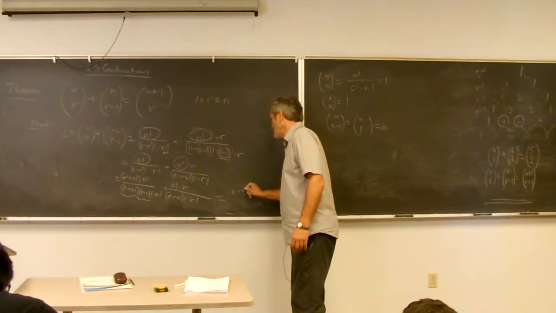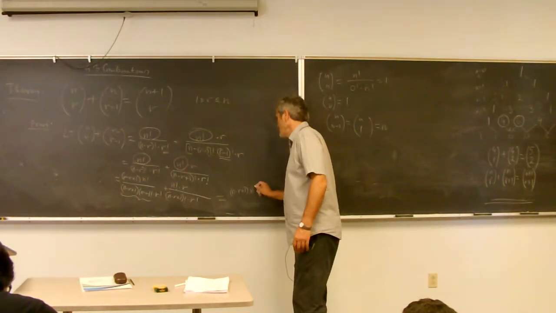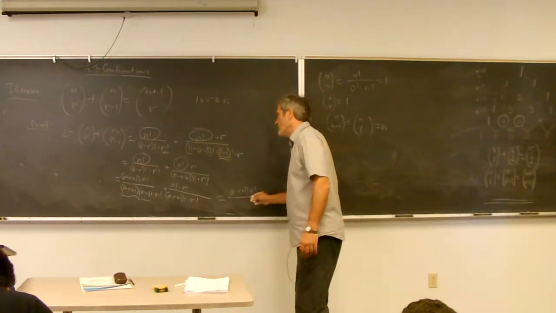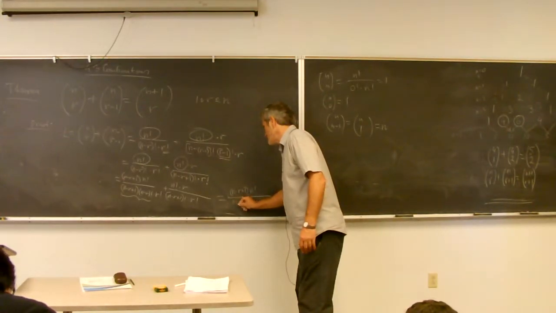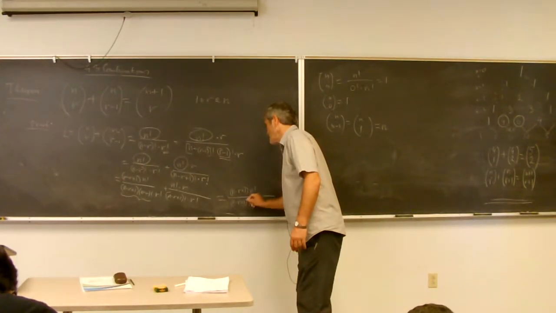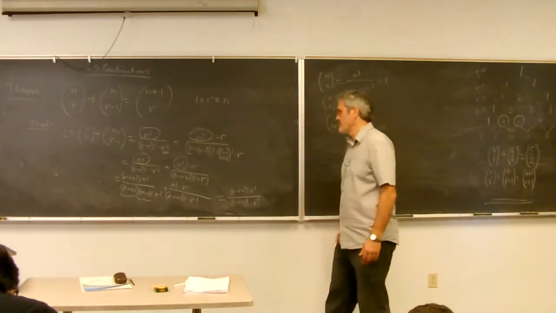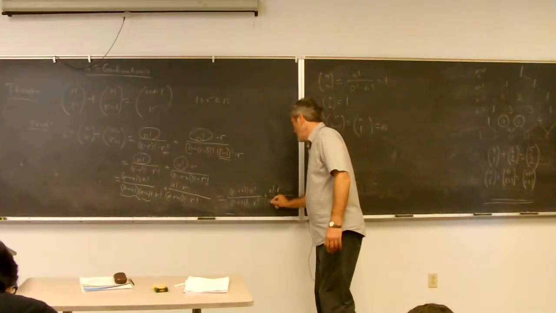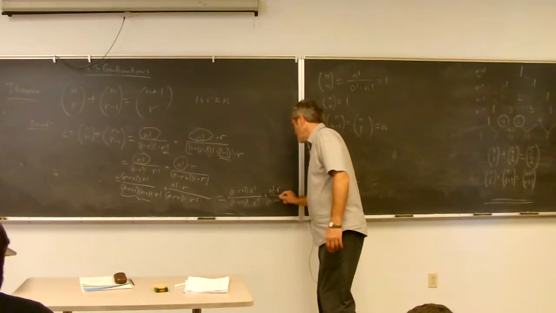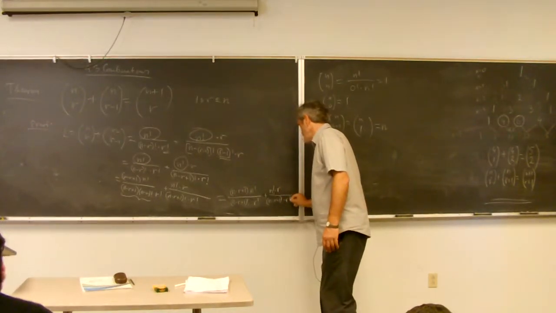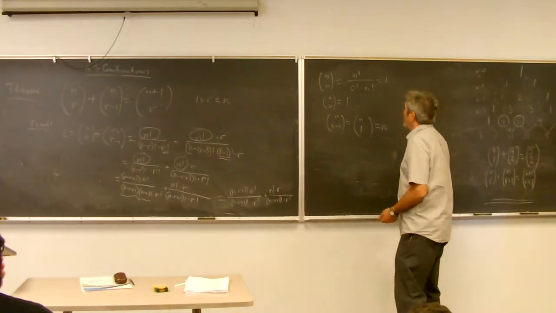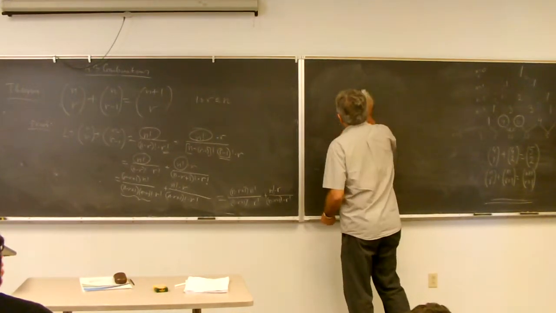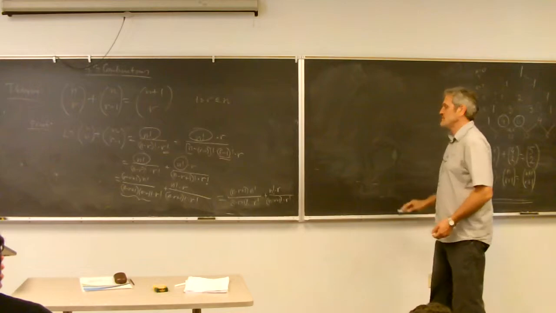N minus r plus 1 times n factorial over n minus r plus 1 factorial times r factorial plus n factorial times r over n minus r plus 1 factorial times r factorial.